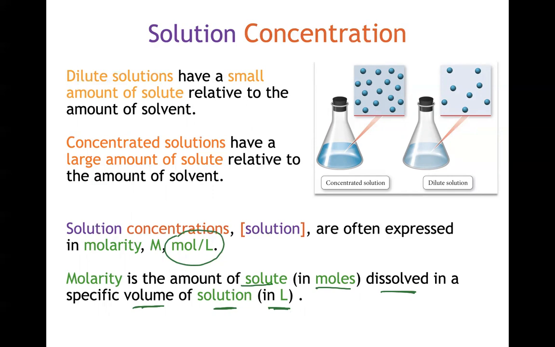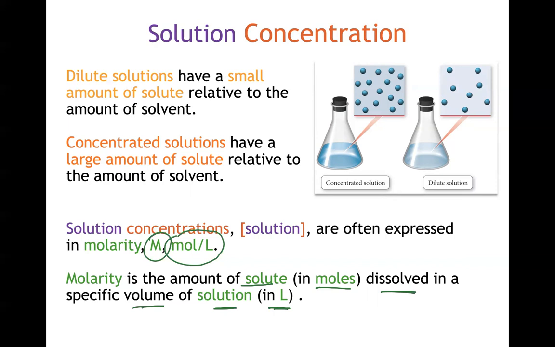And it has the symbol capital or uppercase M. Lowercase m refers to something else, so it's important to keep those units with the correct case. And MOL is basically the abbreviation of moles. So it's moles per liter, that's molarity.